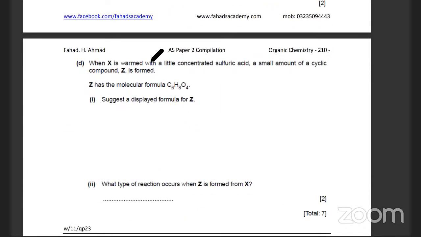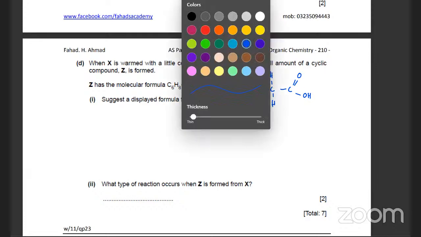It says that when X is heated with a little concentrated sulfuric acid, a small amount of cyclic compound Z is formed. Z has this molecular formula. Find out what this is. This is what X was. Now X was an alcohol as well as a carboxylic acid.